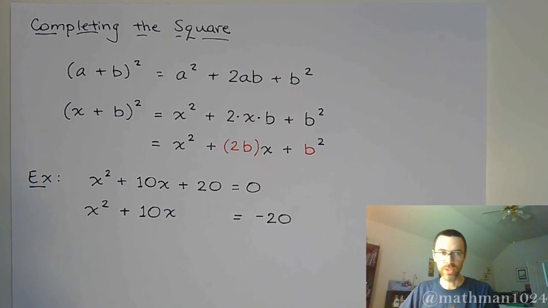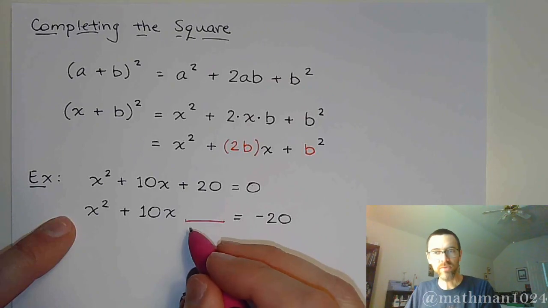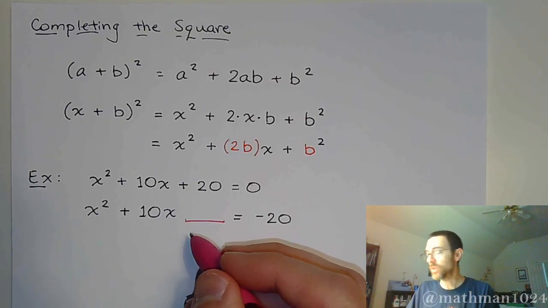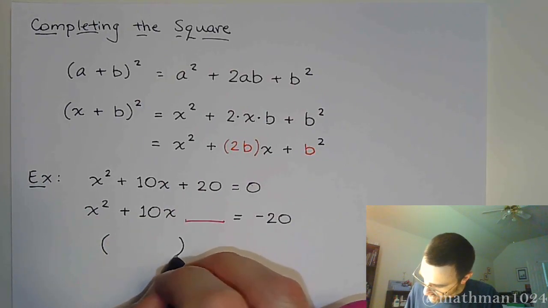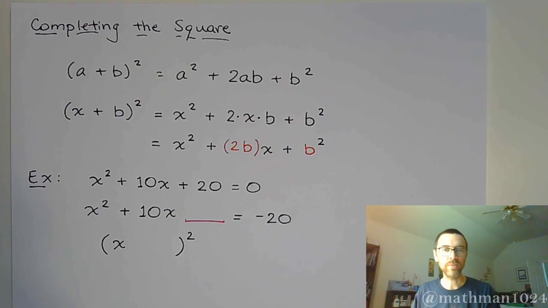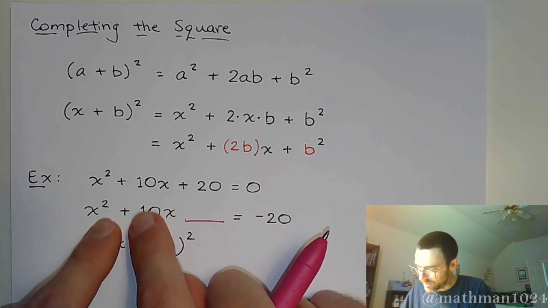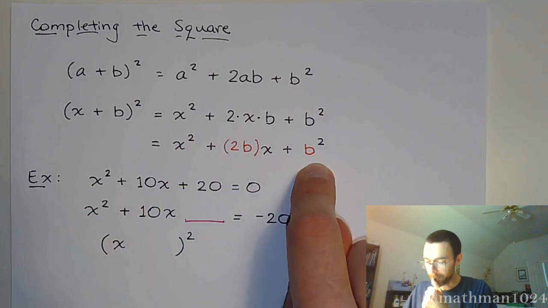What we want to do is put a number in here so that the left side of this equation factors, but we want it to factor in a very special way. We want this to factor as a binomial square, like this. And we can guess and check to get there, but we don't have to. We know exactly what this is supposed to be. Because if we compare this polynomial to what we have up here, it's going to be pretty easy.